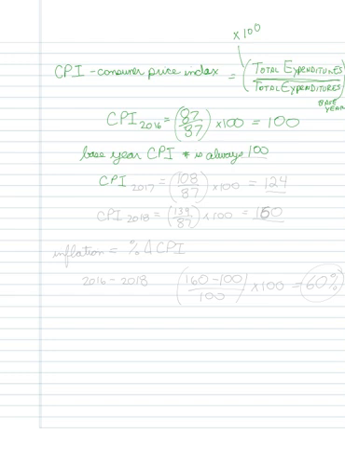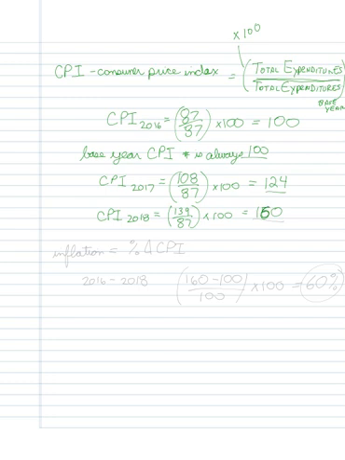Now, my CPI number in 2017 is going to equal 108 over 87, again, times 100. And that equals 124. My CPI number in 2018 is equal to 139 over 87 times 100, and that gets me basically 160 if we do some rounding.